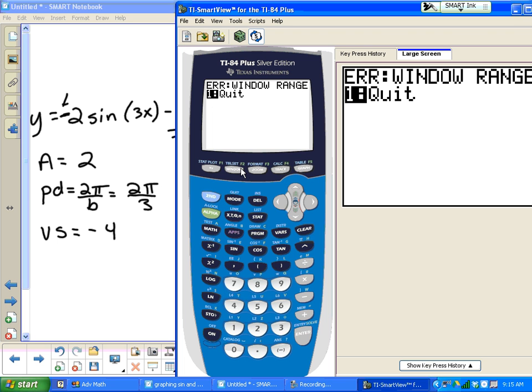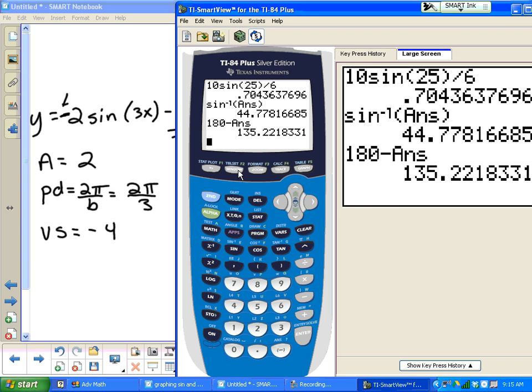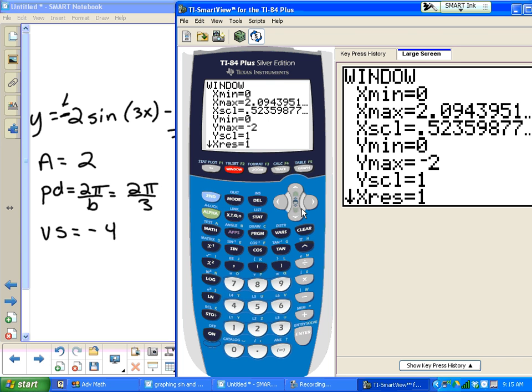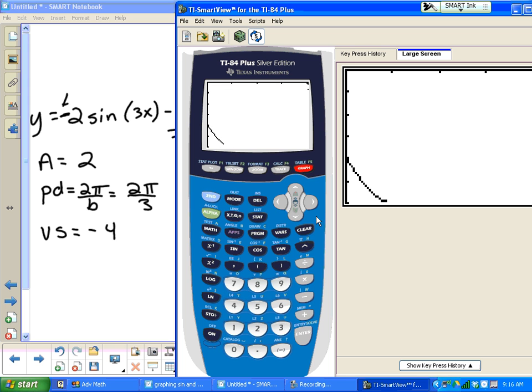Uh-oh, what did I do wrong? Oh, I'm sorry. Y max would be 0, and then y min would be -6. All right, so you see there's the x-axis. What's happened? It's been shifted down 4 units.